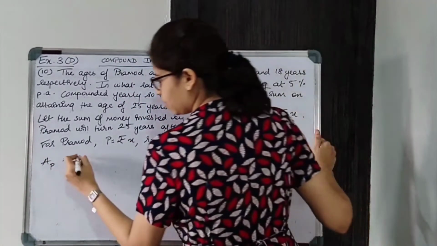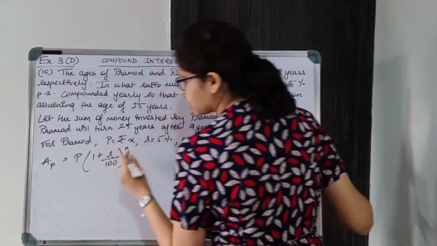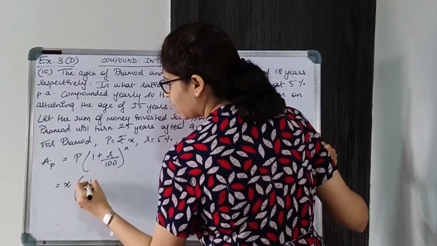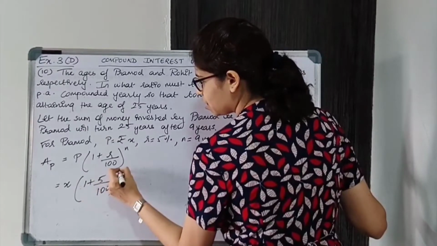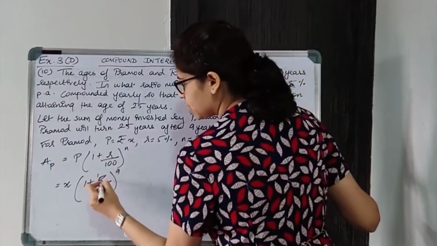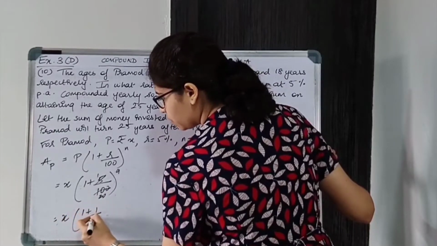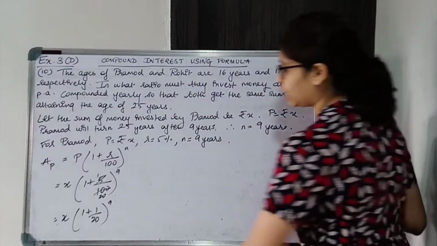So it will be P into 1 plus R upon 100 raised to N. Substitute the values now. So X into 1 plus 5 upon 100 raised to 9. 5 ones are 5, 5 twenties are 100. So we get X into 1 plus 1 upon 20 raised to 9. We'll take the LCM and solve the brackets first.